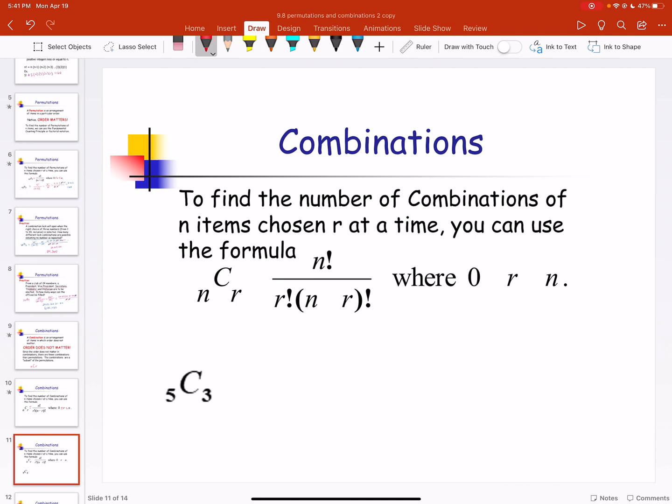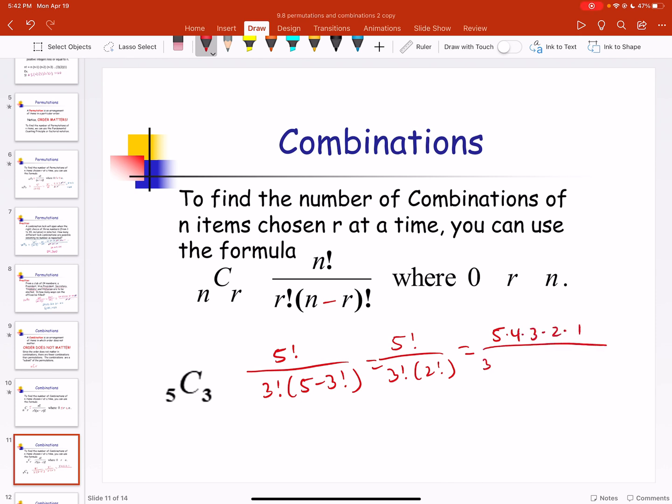So if we're looking at 5 choose 3, that's 5 factorial over 3 factorial times 5 minus 3 factorial. So that's 5 factorial over 3 factorial times 2 factorial. I'm just going to write this out as 5 times 4 times 3 times 2 times 1 over 3 times 2 times 1, times 2 times 1.